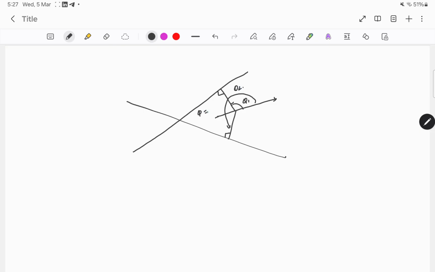So what is theta? Theta 2 minus theta 1. Actually I am going to derive the condition for the origin to lie in the acute angle region.